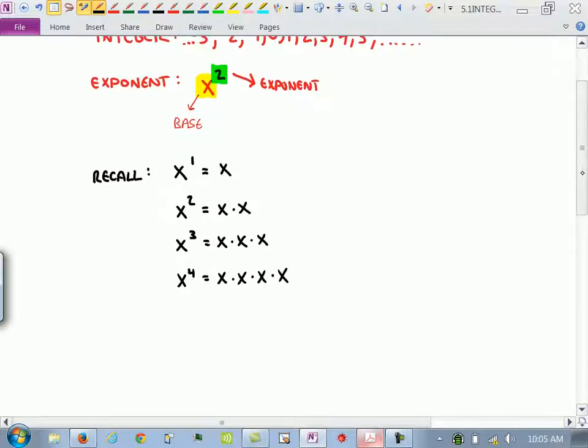So if I keep going, and the last one I put is x to the n, then wouldn't that mean x times x times x, and so on? And how many of them would I have total? How many x's would be in that list? Well, if it was x to the fourth, I had 4 x's, right? x to the third would be 3 x's.